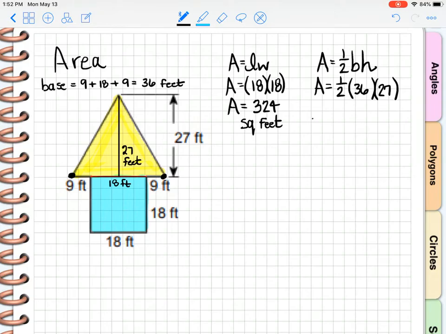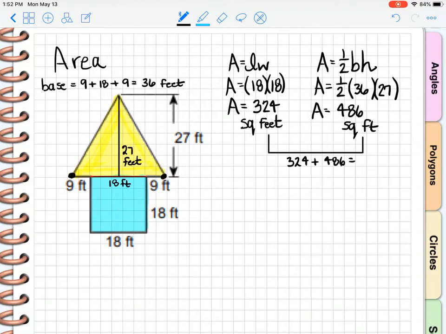Okay, then you will need to multiply these through. So 0.5 times 36 times 27 is 486 square feet. But remember, we want the composite area, not just the individual areas. So we have to put those together. 324 plus 486.